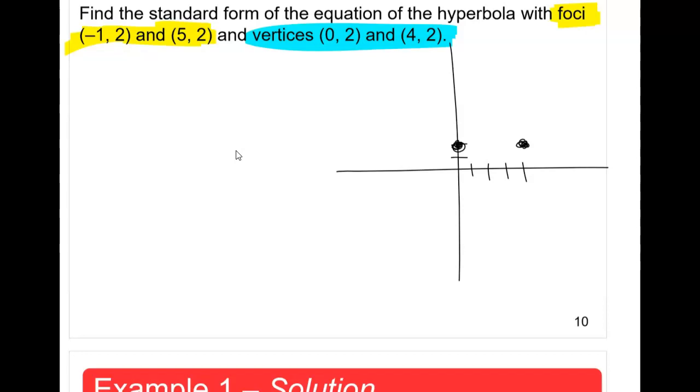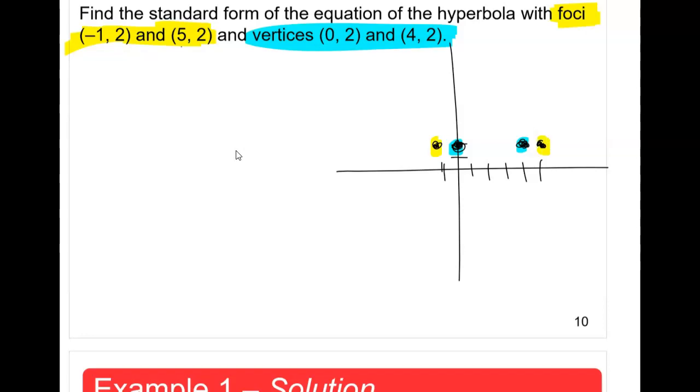Then we have the foci, and those are at (-1, 2). And the other one is at (5, 2). Right there. Okay, so I'm going to just mark them so you know exactly those are vertices and those are the foci.